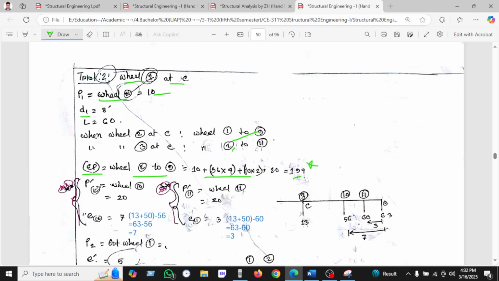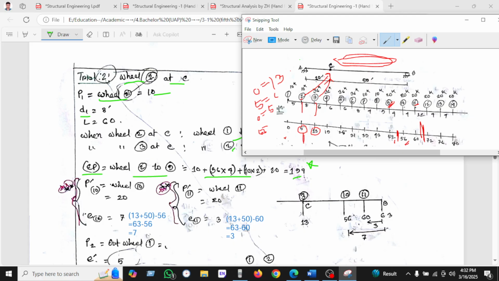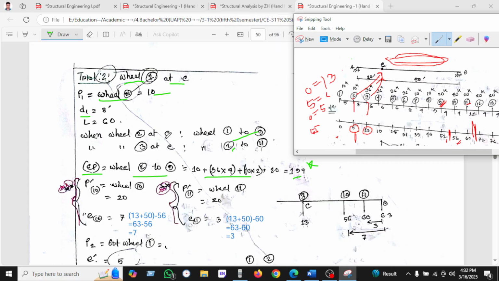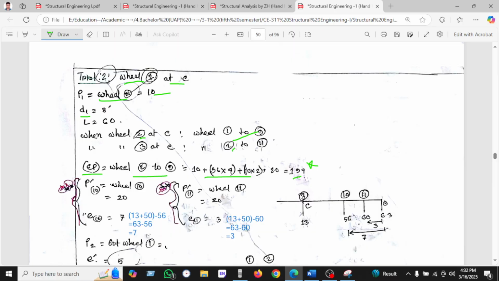And the question is what will be P prime. We have been seeing the new load. When the wheel load is 3, wheel load is 2, then we have wheels 1 to 9. But while wheel 3 is at set 3, then 2 wheels are added, wheel 2 and 11.